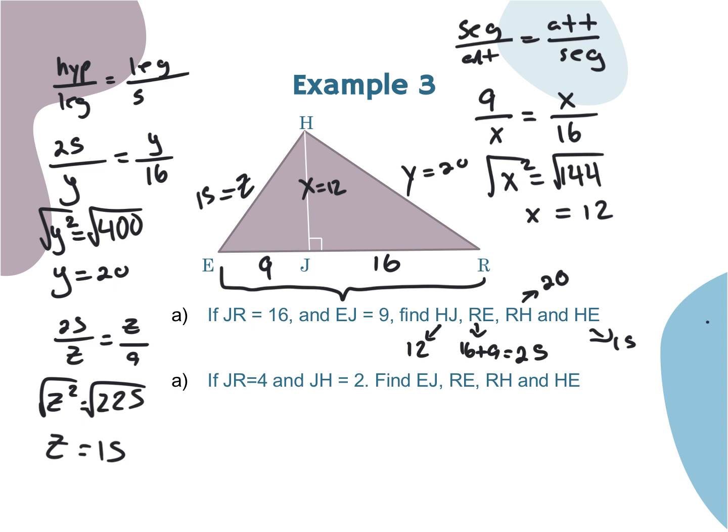Instead of erasing all of this work, I'm just going to add a new slide. Now, the slide is blank. I'll redraw the triangle to the best of my abilities so you guys have it.